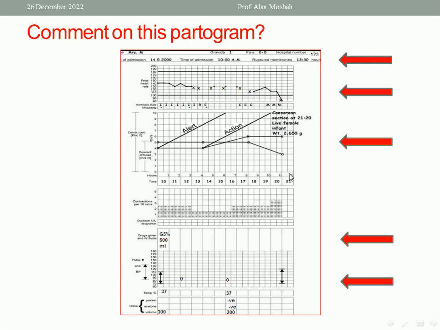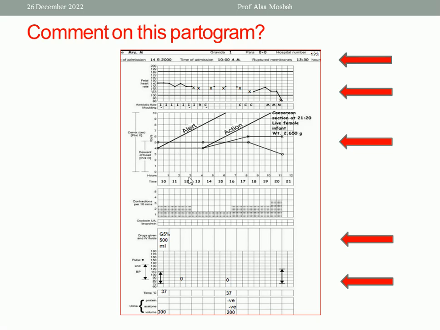Did the doctor do well in this follow-up, in this partogram? I said during analysis, he didn't do well because when the cervical dilatation crossed the alert line, this is an alarm for the doctor or midwife who follows up the woman in labor.